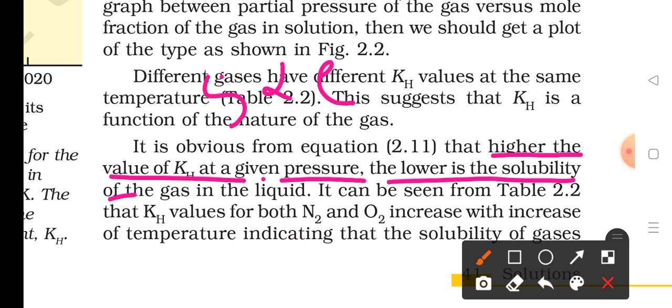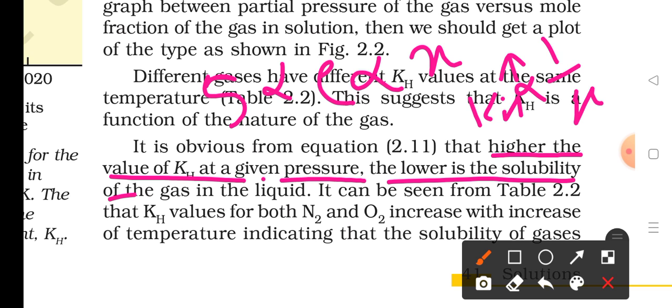Concentration is denoted with the help of mole fraction, molarity, and so on. Whenever K_H is increased, mole fraction is decreased, as we learned from Henry's law. So higher the value of K_H means lower the X value, means lower the solubility.